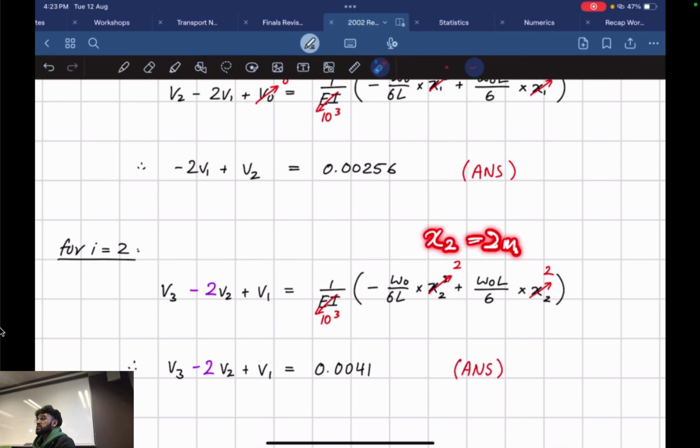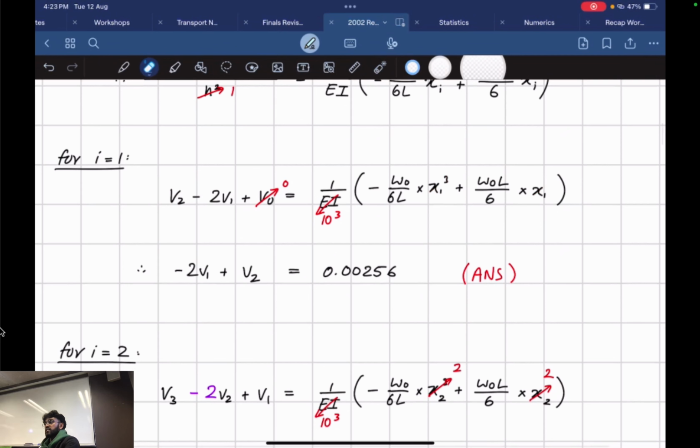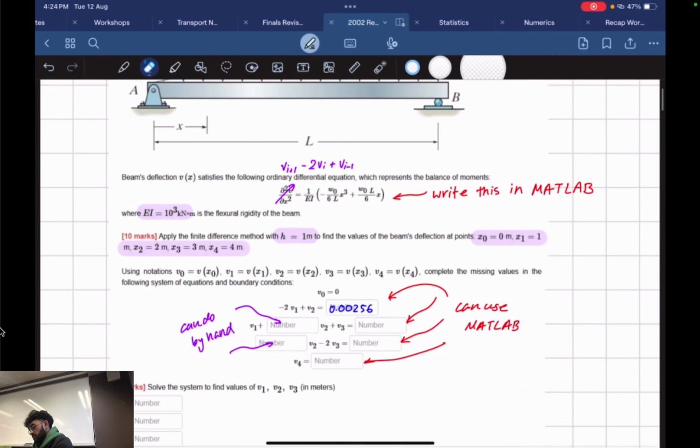Question at the back? With the top line from the previous question, where did the x's go? It's x1, but I've just subbed in the value of x1. They've given us the value for x1 over here. It's equal to 1 meter.